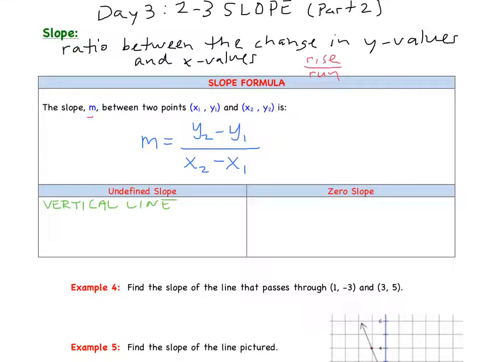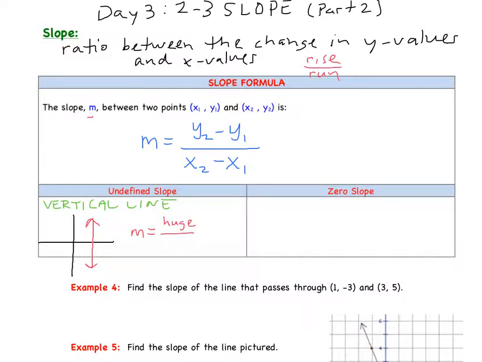So if we take a look at the graph of a vertical line and discuss, well, why is it an undefined slope? Well, looking at a vertical line, okay, if we're discussing our slope, our rise is huge, all right? We're going up, up, up, up, up forever. So we have a huge rise.